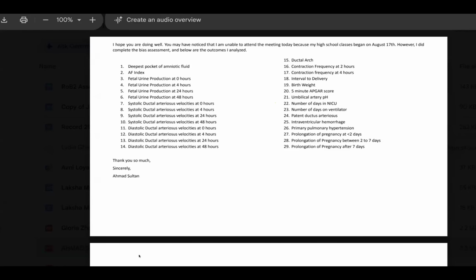item or result, aka outcome, which would be tocolysis, and then in the Ahmad example, the overarching result, aka outcome, which would be increased velocity flow through the DA, which means closure of the DA.